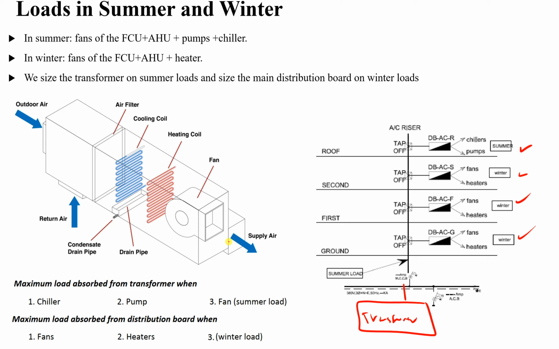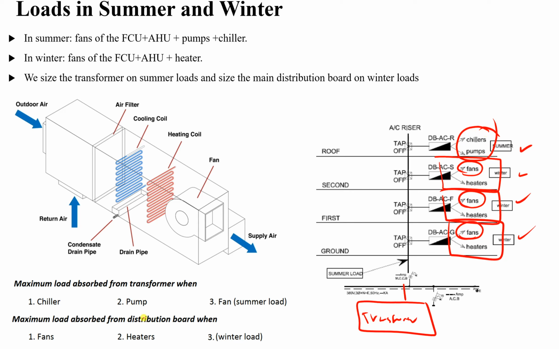So let's see. We have in summer, we have chiller and pumps. We have fans, fans, fans. This is the summer load. Now in the winter load, we have fans and heaters, and we don't have any chillers or pumps.